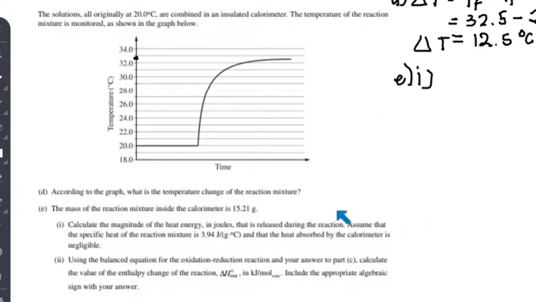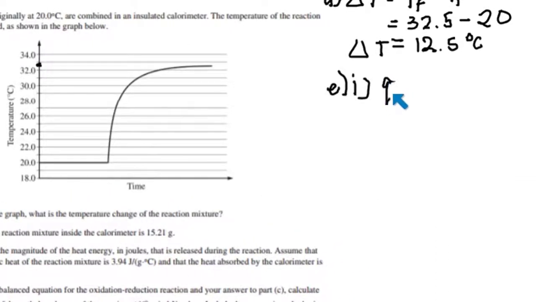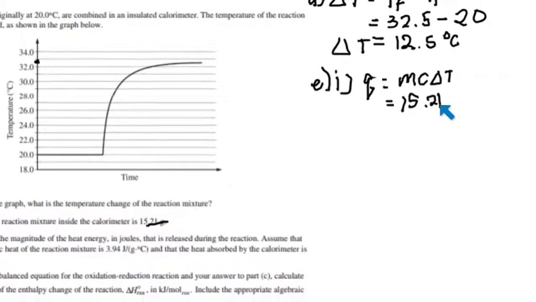So from the data booklet, you know that Q is your heat energy, and that is equal to mc change in T. So m is your mass, which is given, so 15.21.